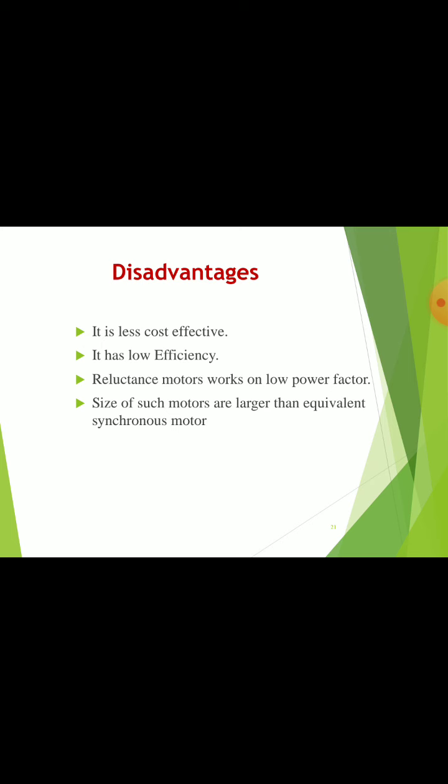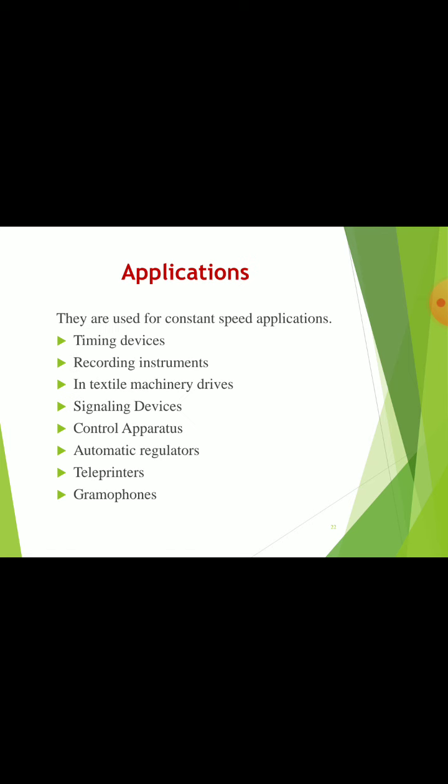Reluctance motors work at a low power factor, similar to induction motors. The size of such motors is larger than an equivalent synchronous motor. Compared to the size of a synchronous motor, the size of a reluctance motor is large. These are the main disadvantages of a general reluctance motor.